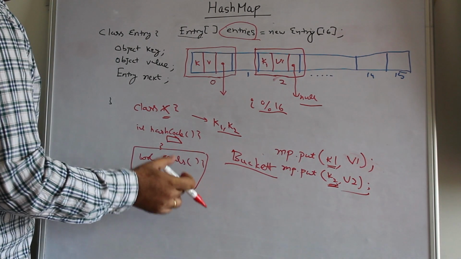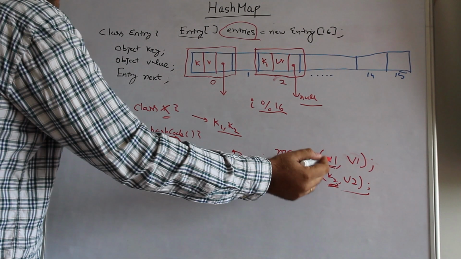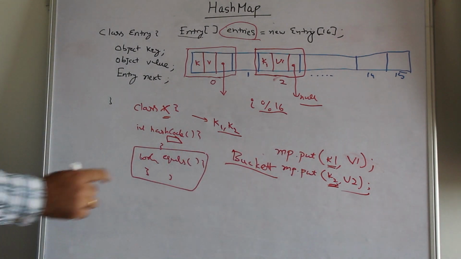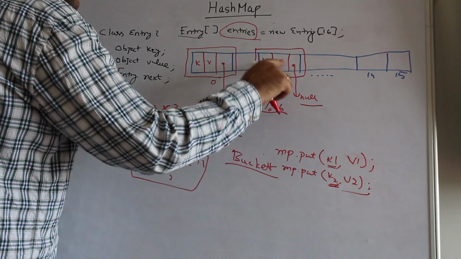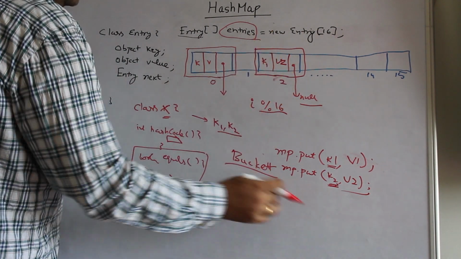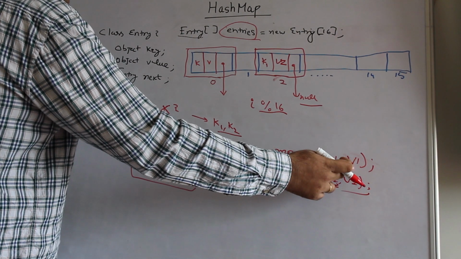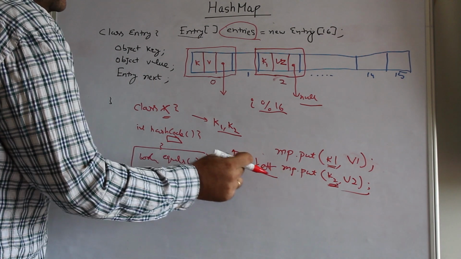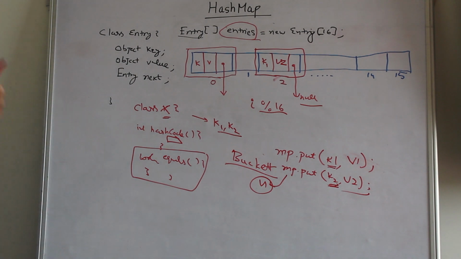Now this equals can return true or false based upon the implementation that you have written over here. If k1 and k2 are equal, then this value v2 will come here. So this new value will be replacing the old value, and the put method will return the value v1. I just wanted to tell you about the put method: the put method returns the previous value stored against that key.